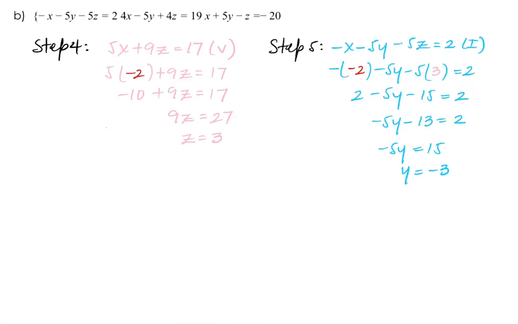Once we have that, we say that the solution is (negative 2, negative 3, 3), and that will be the final answer to this problem.